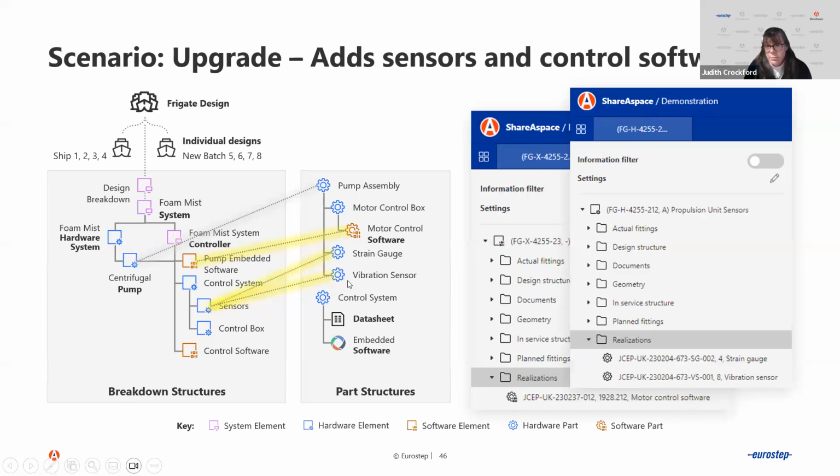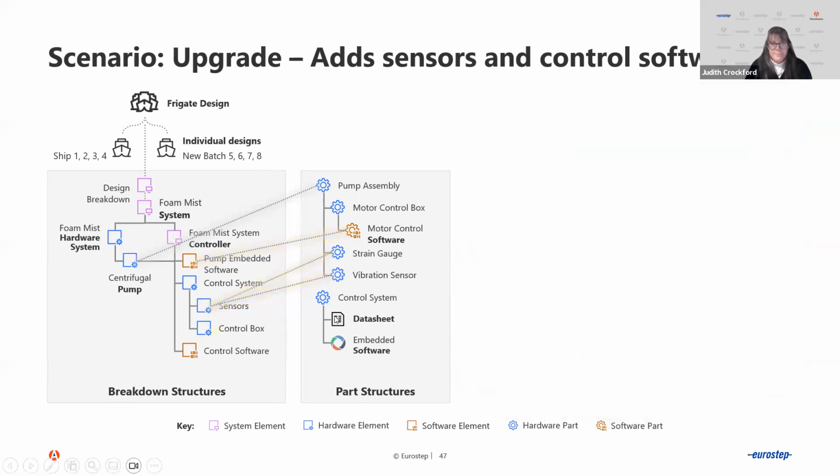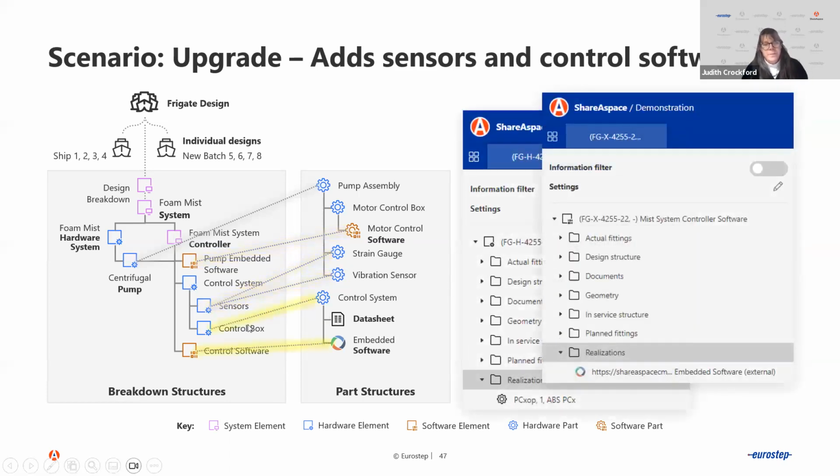You could have had a combined sensor and it would do one link, or you could have multiple. So the relationships between the structures, which you can put the effectivities on, are multiple. Continuing, the control box.